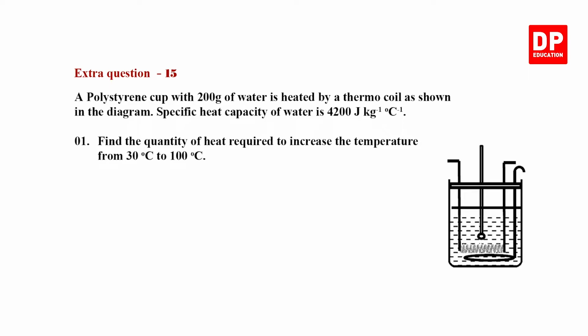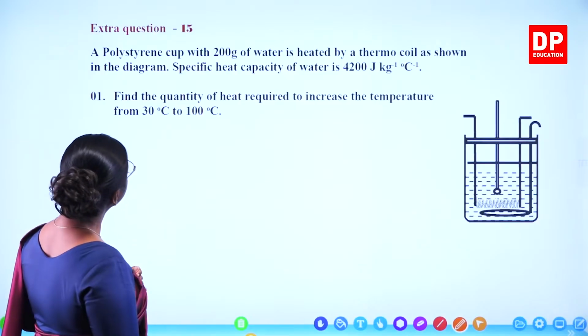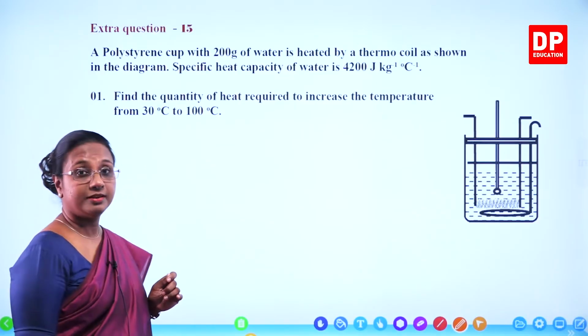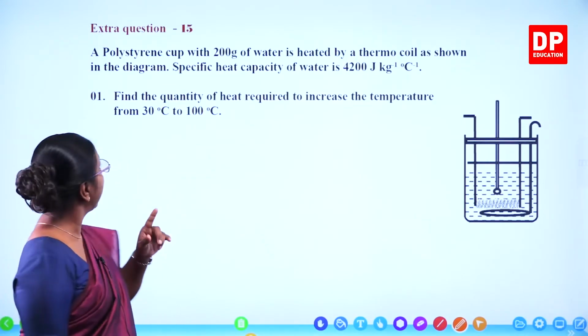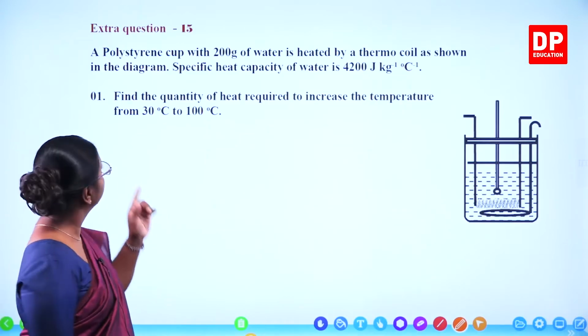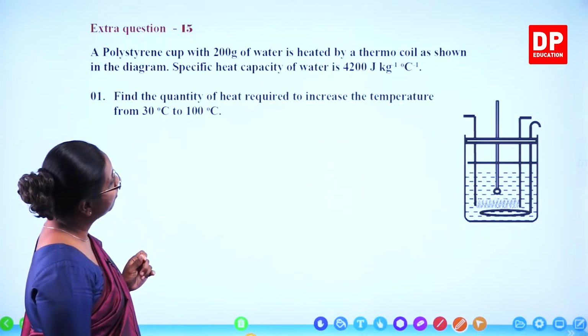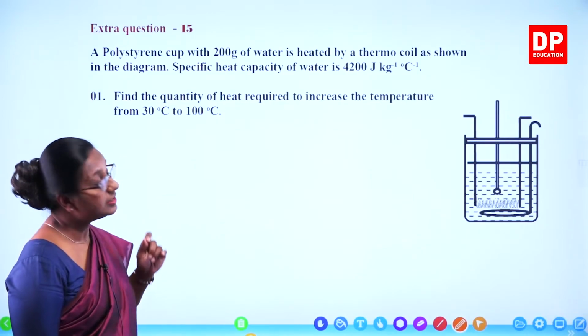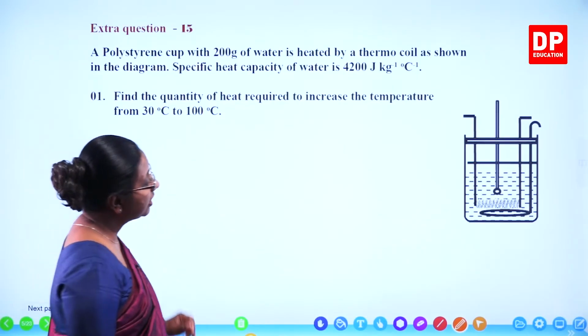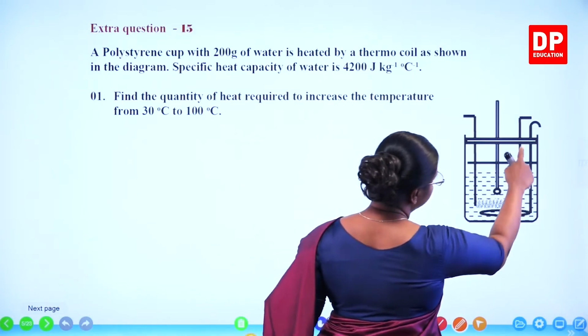Extra question 50. A polystyrene cup with 200 grams of water is heated by a thermocoil as shown in the diagram. Specific heat capacity of water is 4200 joule per kilogram per degree Celsius. So here you can see the picture given to you.